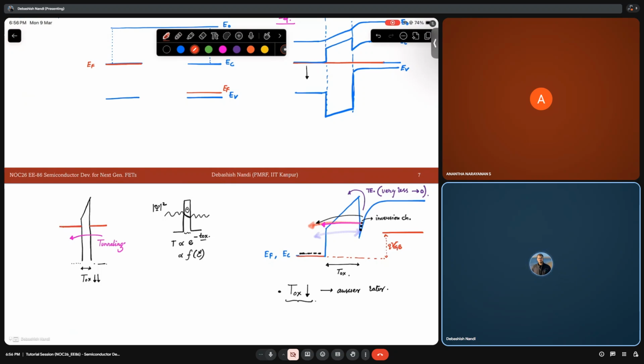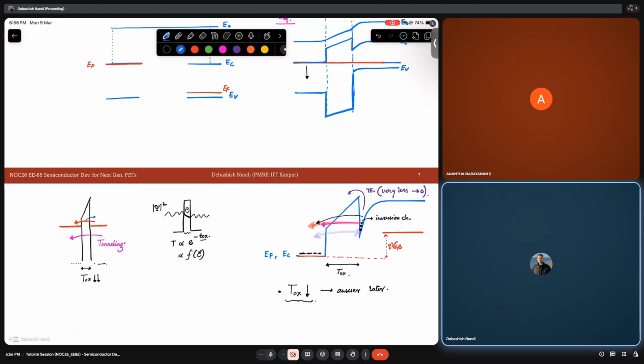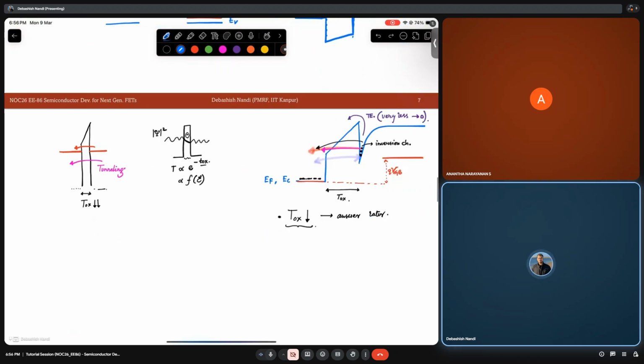So this tunneling can happen if, let's say, I have two layers here. Tunneling can happen from this to this. Let me draw it clearly. Let's say you have something like this, and in another case, you have something like this.